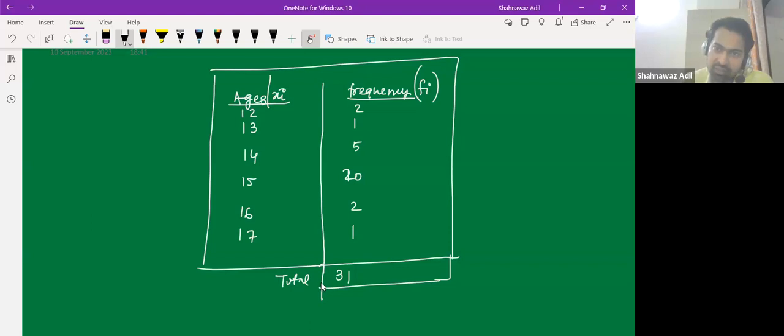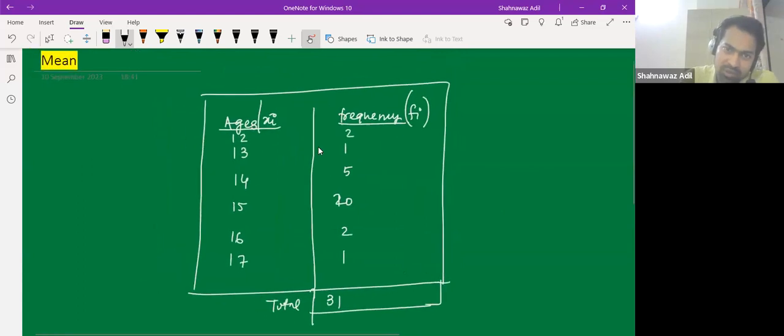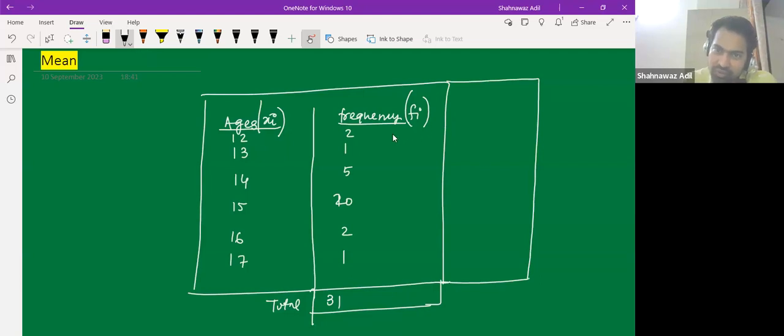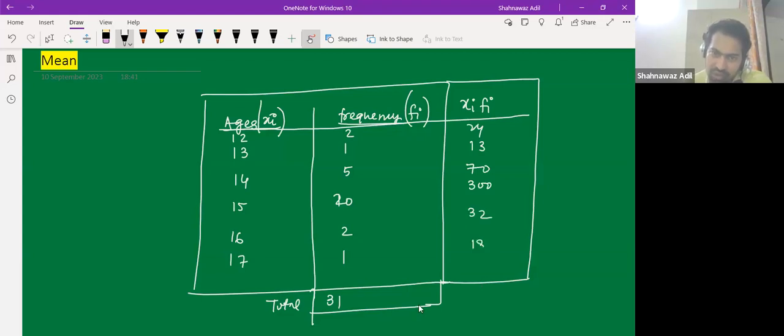And if you want to calculate the mean, you calculate the product of this xi and the fi. So maybe whatever you get: this is 24, this is 13, this is 17, this is 300, this is 32, and then this is 80. Then you calculate the total of these xi fi products. This total is represented by this summation.